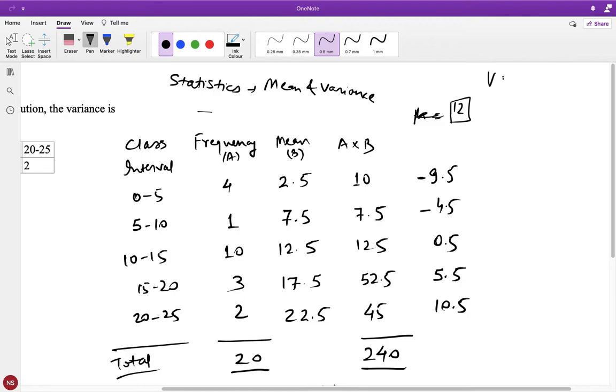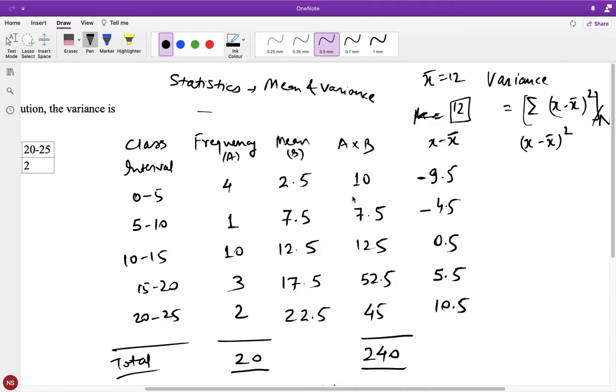We know that the formula for variance is equal to sigma of x minus x bar whole square, divided by n, which is the total number of observations. Here x bar is 12 and these are the values of x. So now I will do x minus x bar whole square.